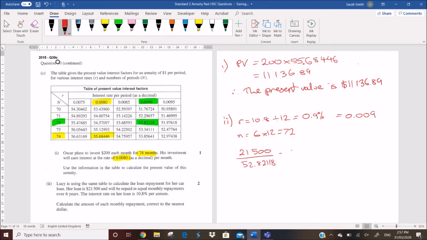That will give us a value of $407.03. So we can say, therefore, monthly repayment of $407 to the nearest dollar.